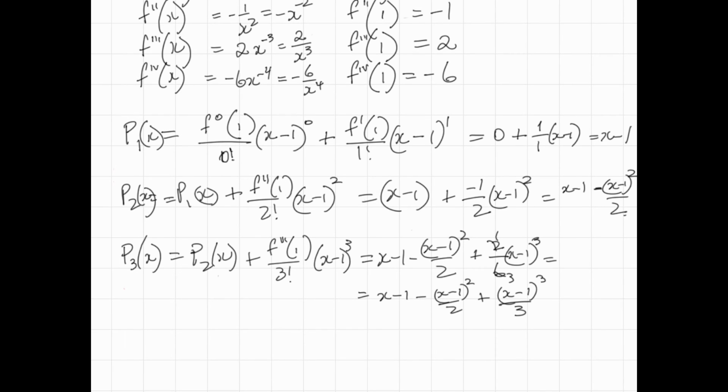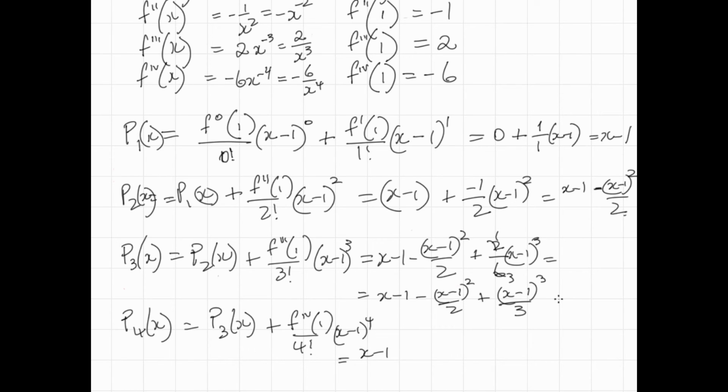And the last one, P4, fourth order, will be the third order plus the next, which will be the fourth derivative with 1 substituted in over 4 factorial, x minus 1 to the power of 4. Maybe if I start here, we get x minus 1.